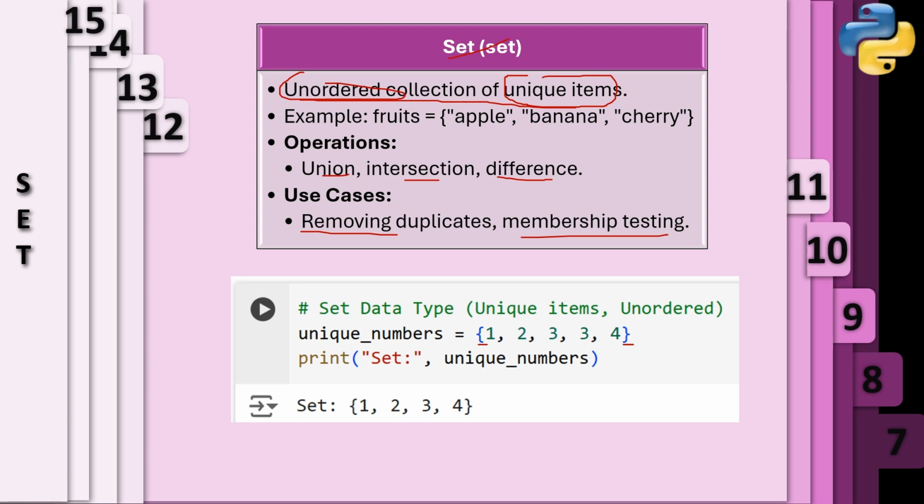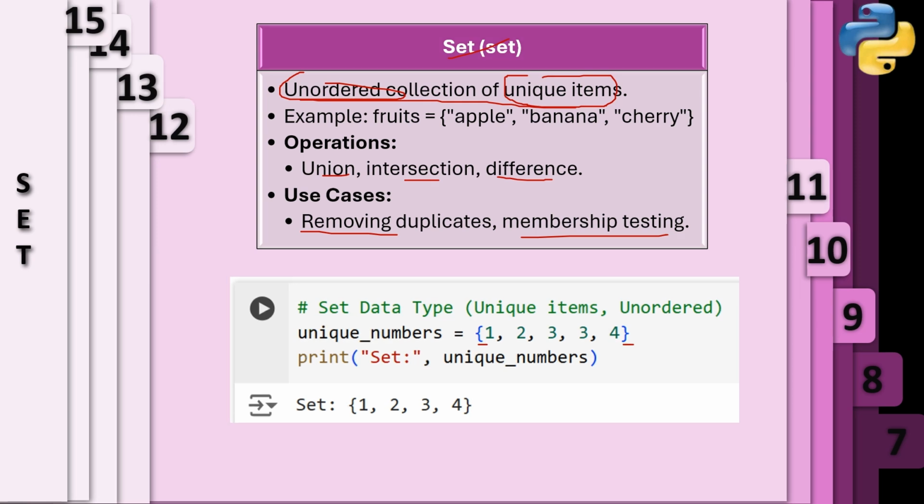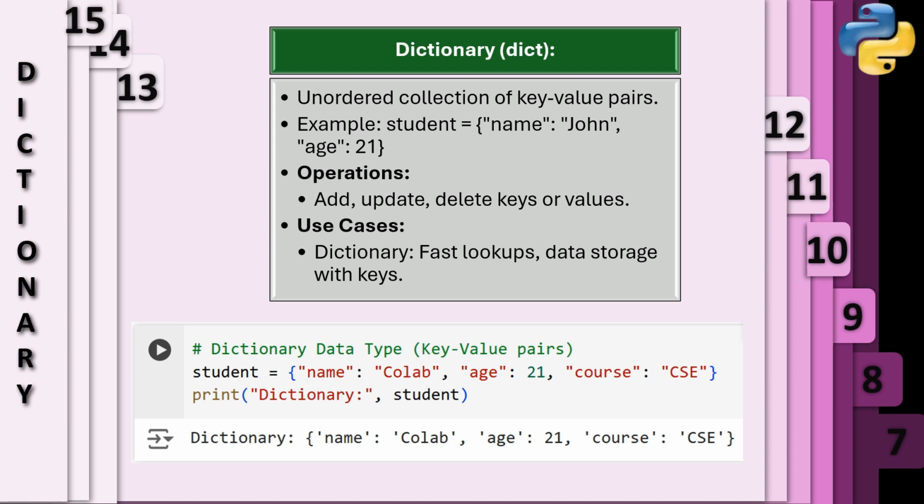Moving forward, let's take a look at dictionaries. A dictionary in Python is a collection of key value pairs. Each key is unique and it maps to a value. For example, in this, name is the key and John is the value. Dictionaries are defined using curly braces with keys and values separated by a colon.